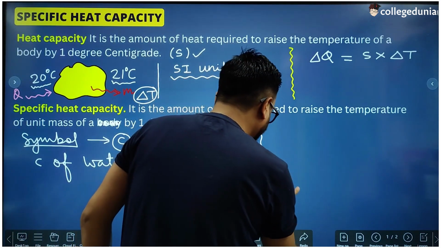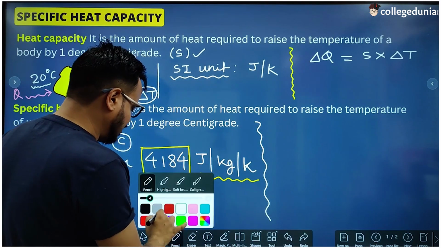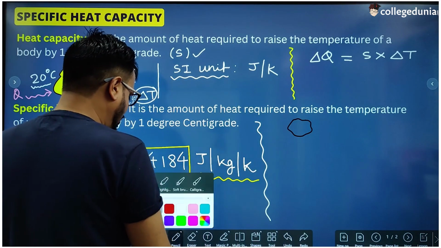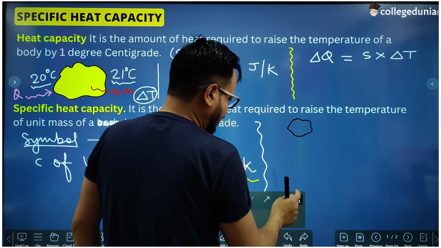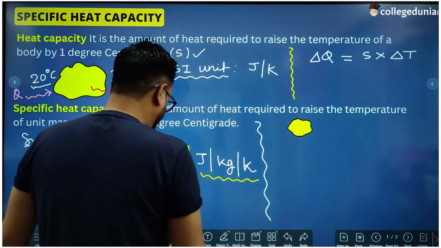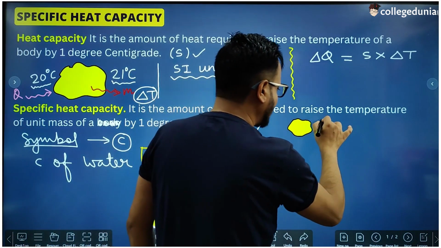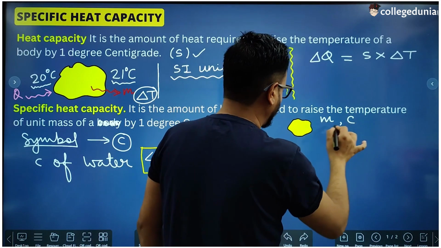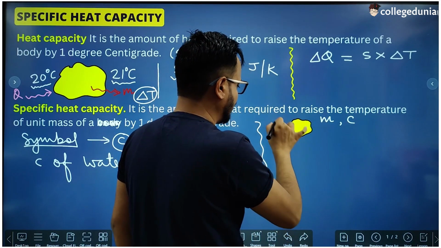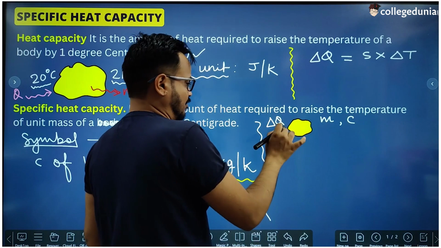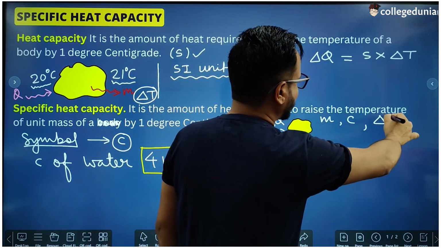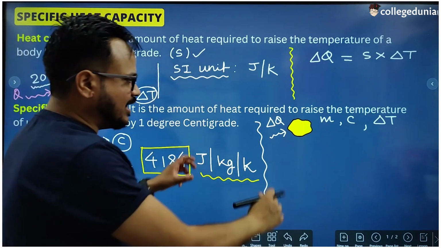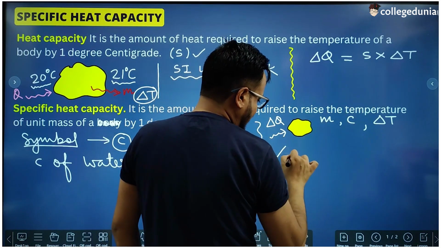So now let us again make this body. This is a small body made up of copper, aluminium or any other thing, and the mass of this body is, suppose, M, the specific heat capacity of this body is c, and some amount delta Q heat is supplied to the body, due to which the temperature of the body changes by delta T. So what is the relation between all these variables, which is very important?